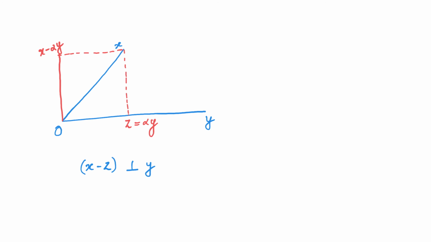Now, we know that x minus alpha y and y are perpendicular to each other if and only if x minus alpha y dot y is equal to 0, which is same as x dot y minus alpha y dot y is equal to 0.